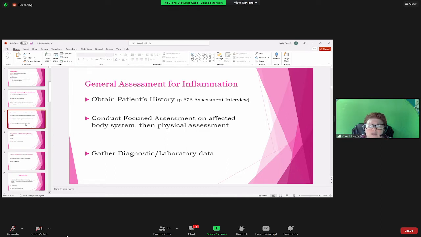Is this a new onset, or is it a chronic thing? How many years have they had it? How many exacerbations that required hospitalization?